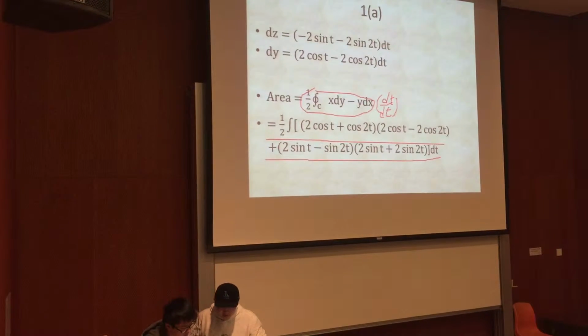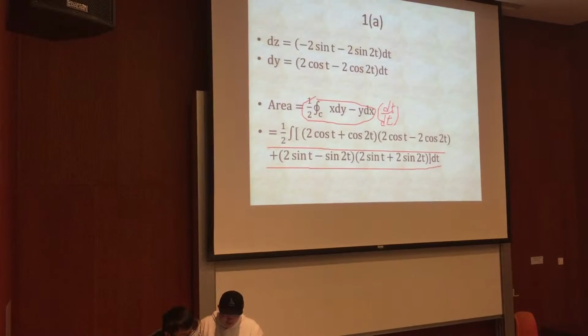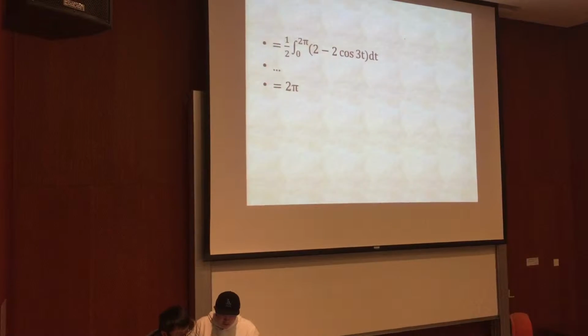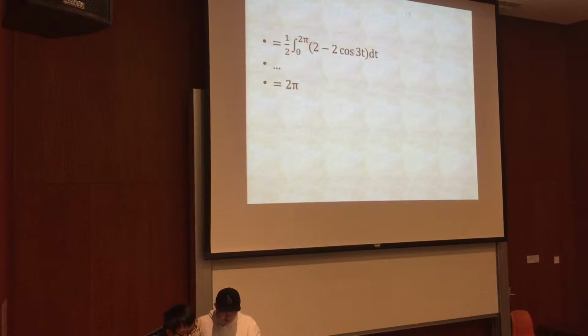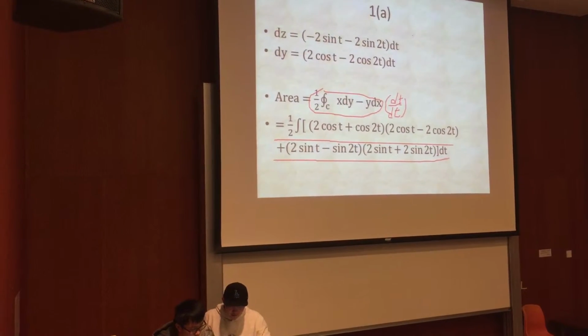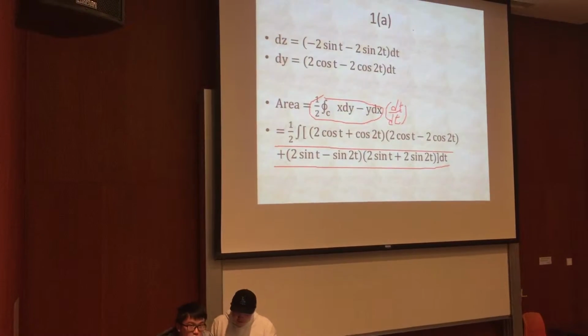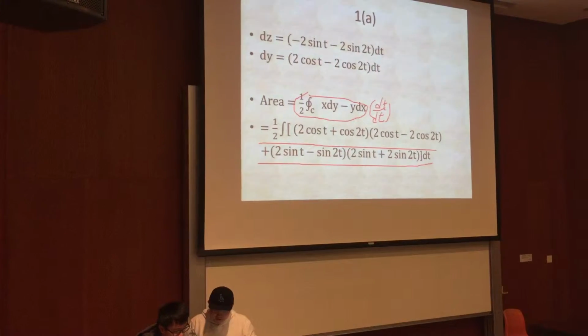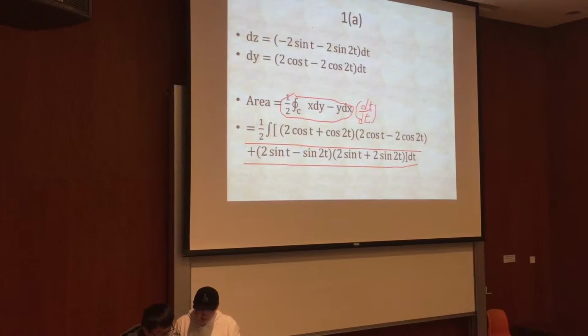After we simplify it, we can get the answer. So the most important thing in this question is that we have to convert the double integral into a line integral, just using Green's theorem.